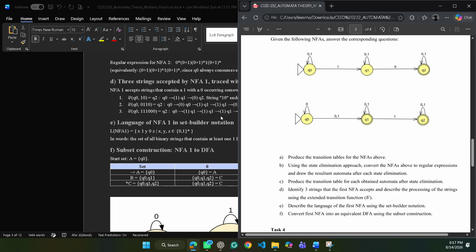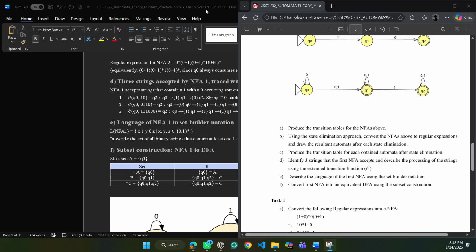After reading a 0, it then remains in Q2 while processing the remaining zeros. Therefore, 1, 1, 1, 0, 0, 0 is also accepted. These examples demonstrate the purpose of the extended transition function. Instead of processing just one input symbol, it allows us to describe the processing of the entire string.